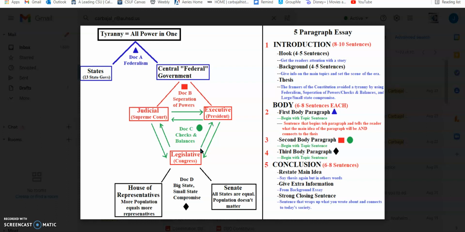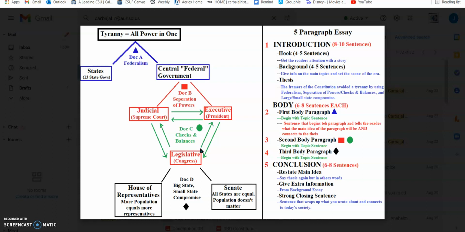The thesis, like I said before, is: the framers of the Constitution avoided a tyranny by using federalism, separation of powers, checks and balances, and a large and small state compromise. So that is your introduction paragraph. You have your hook with 3 to 4 sentences of a first person story of somebody abusing power. Again, I used the example of a teacher.